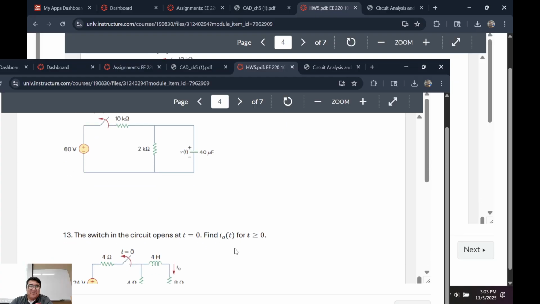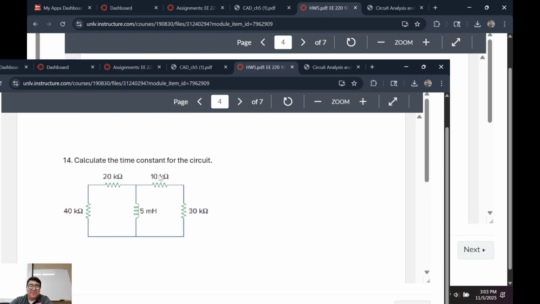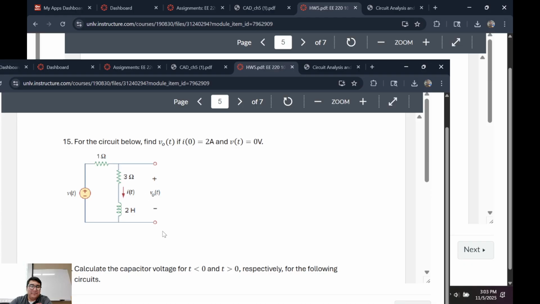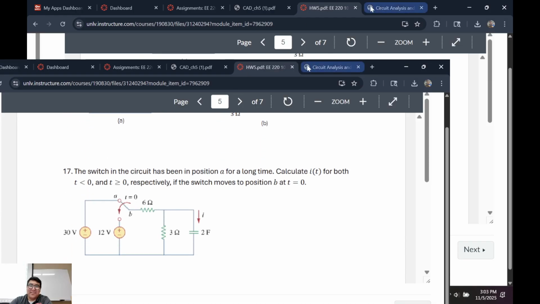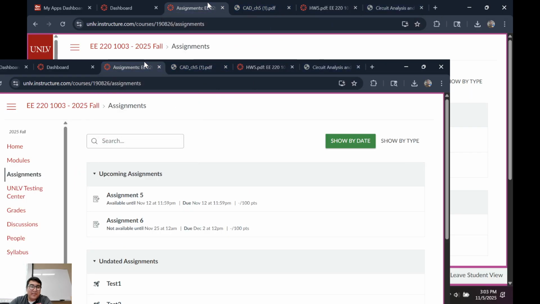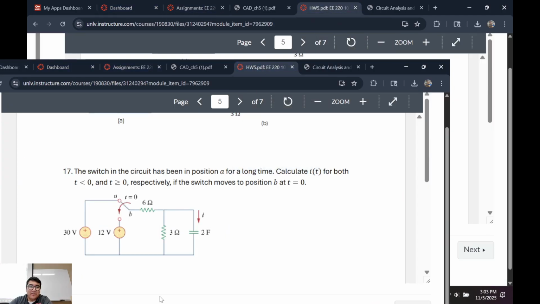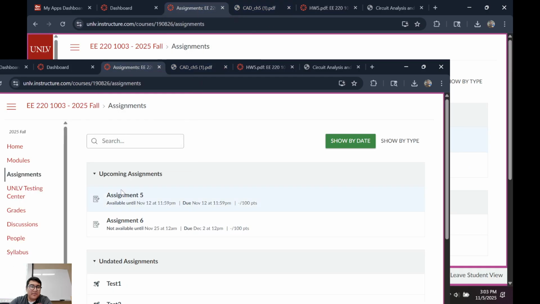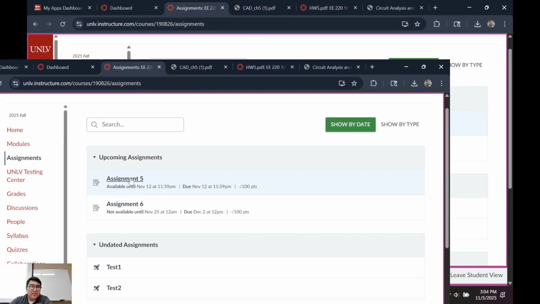What's our next problem? Inductors, we'll talk about that another day. Let's skip this one. Where's his homework? Is this it? No, this is his home. Only the first one can be done, the one that has capacitors. Only 5.6 can be done. No, 5.16 or 5.6. It's in the book, right?